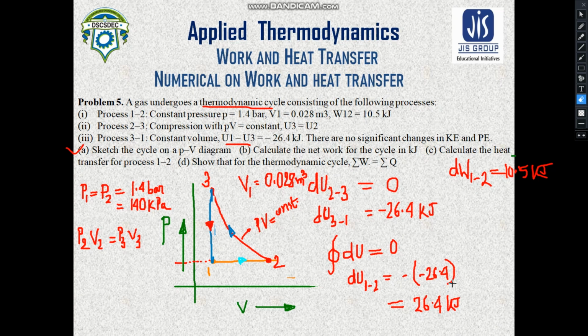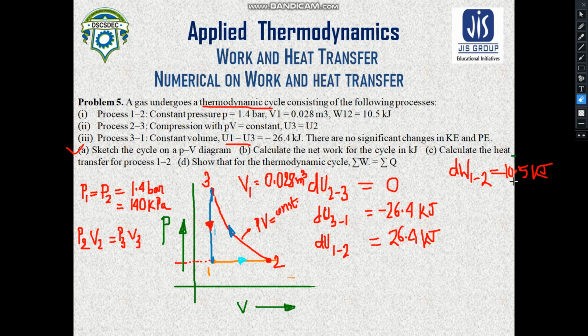So let us write this value once again, because it will help us afterwards. So this du 1 to 2 becomes 26.4 kilojoules.